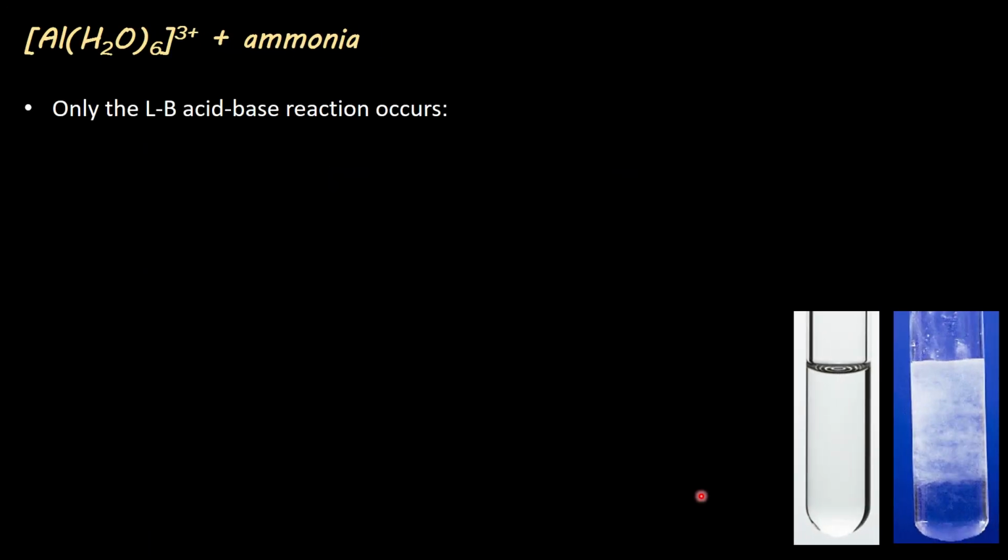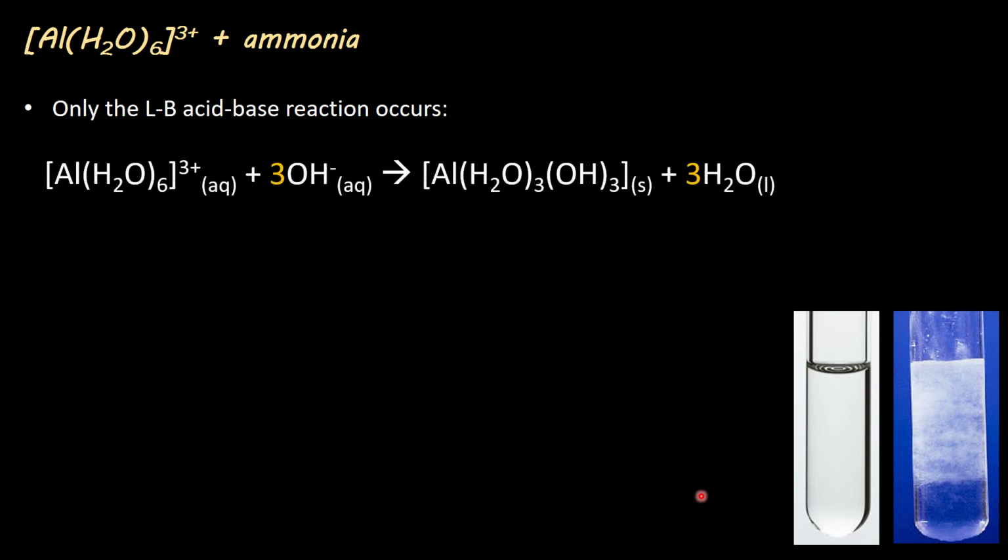So what about with ammonia? Well, there's nothing new here. We said exactly what we're about to say about iron 3. There's no ligand exchange between aluminium species and ammonia, so you don't get any aluminium amine complexes. So all we've got here, yet again, is that good old acid-base reaction.